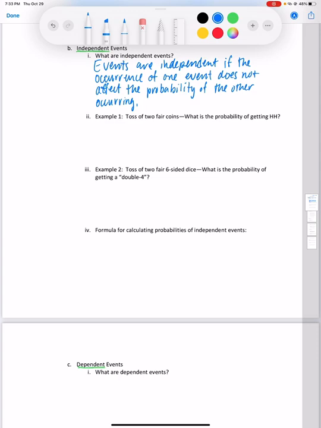So the probability of getting heads when you toss two fair coins is the same thing as the probability of heads on coin 1 times the probability of heads on coin 2.